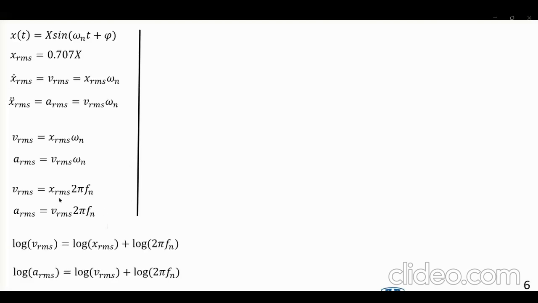Now, if I take these last two equations and take the log of both sides, log of v is equal to log of x plus log of 2 pi fn. And the same thing with the second one, log of acceleration equal to log of vrms plus log of 2 pi fn. This is the property of logarithm.